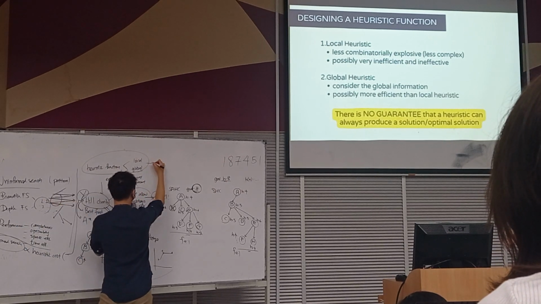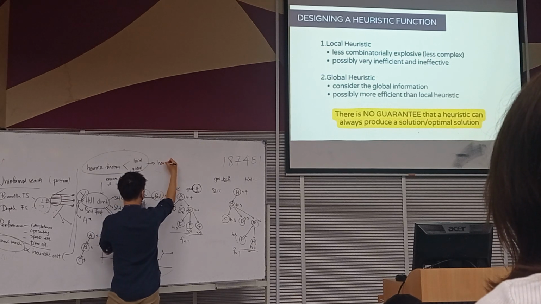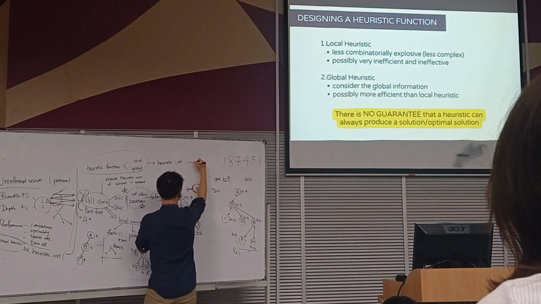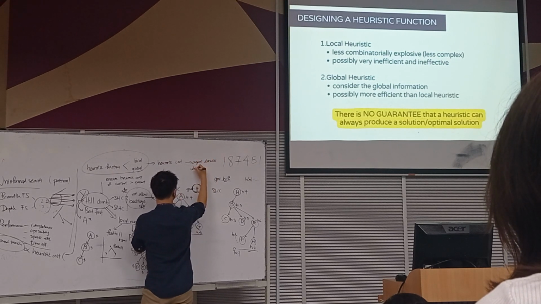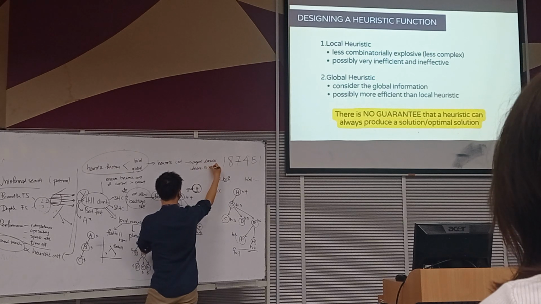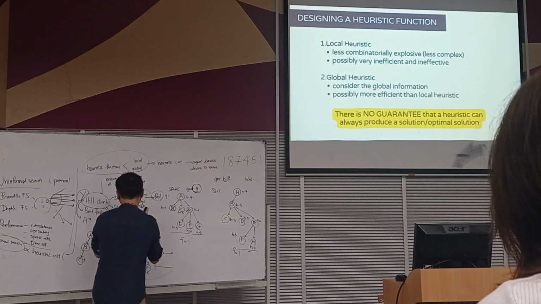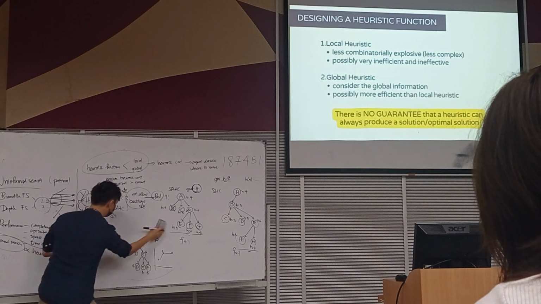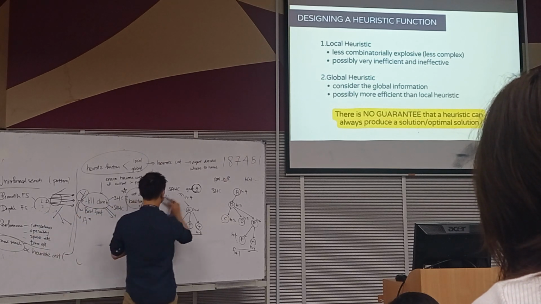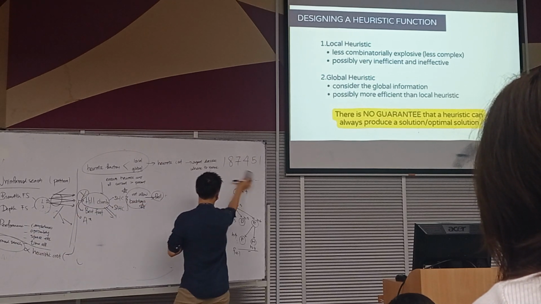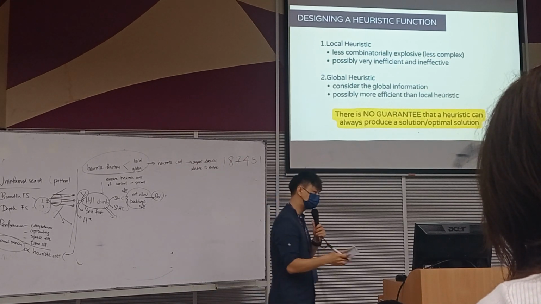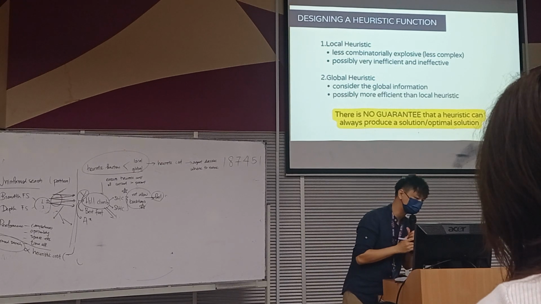Again, it is used to generate heuristic cost, so that the agent can decide where to move. Okay, so we have two types of functions.